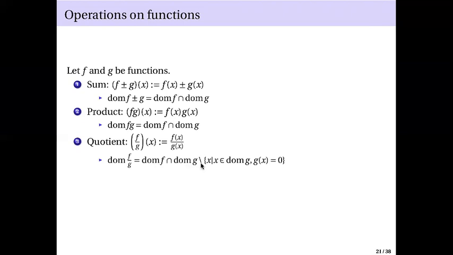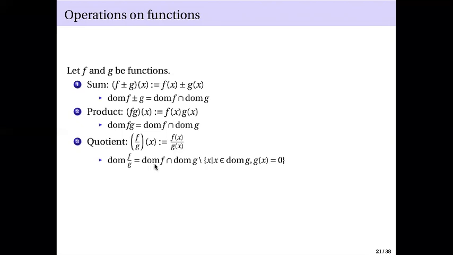And then you take out all the x's that will make the denominator 0. Look at that, your g of x is now the denominator. So there's a possibility that this g of x will be 0 at some numbers.